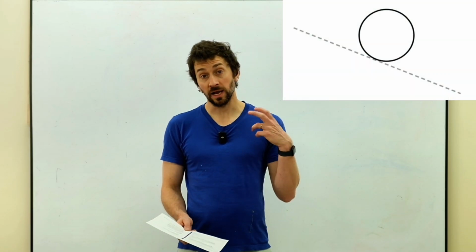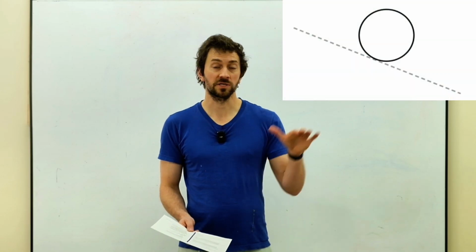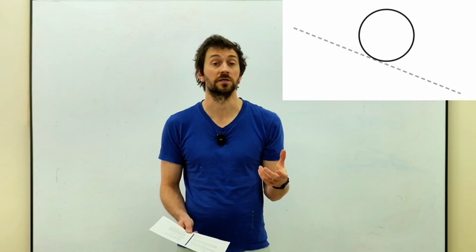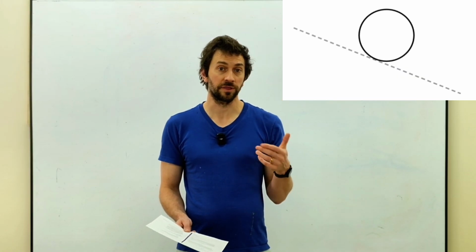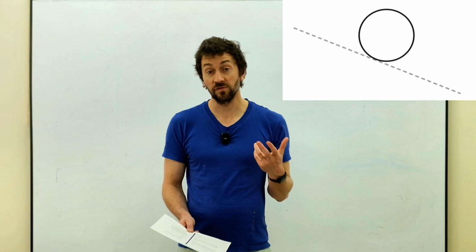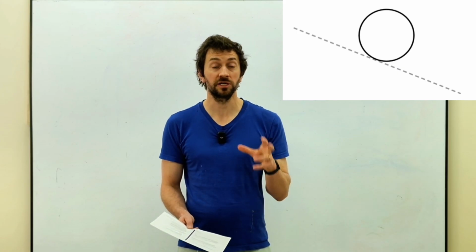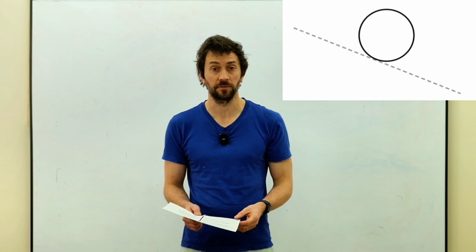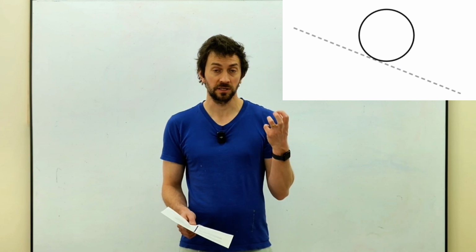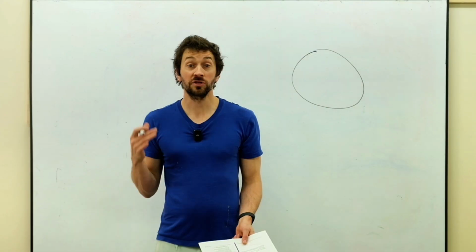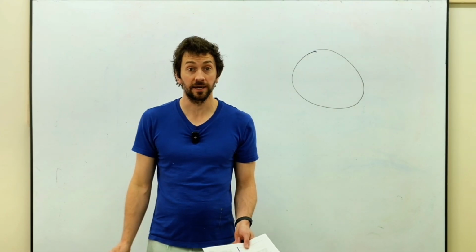So this is like a forces question with something sliding down a ramp, but there is a rotational component to this. So this is really to do with thinking about rotation and forces. We'll have to be thinking about energy as well a little bit, but rotation and forces is the key idea here. So if we think about this circle, there are 3 forces on it. There's going to be the force of gravity going straight down.